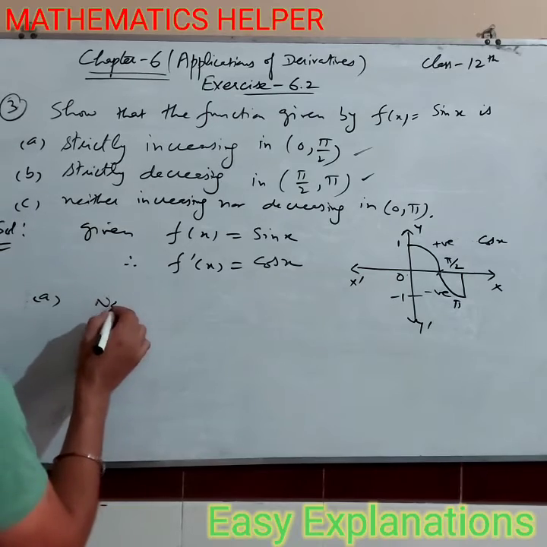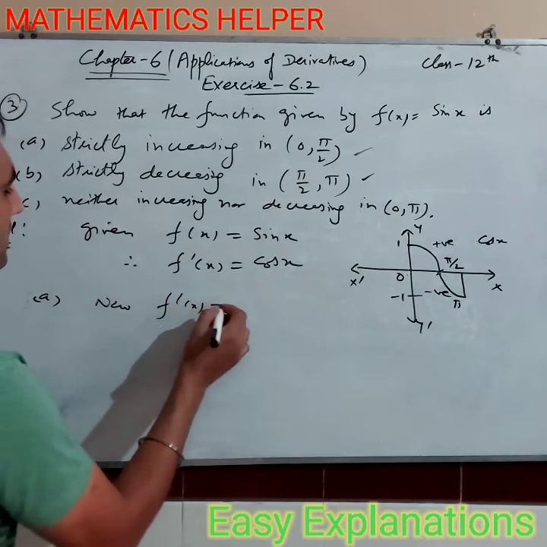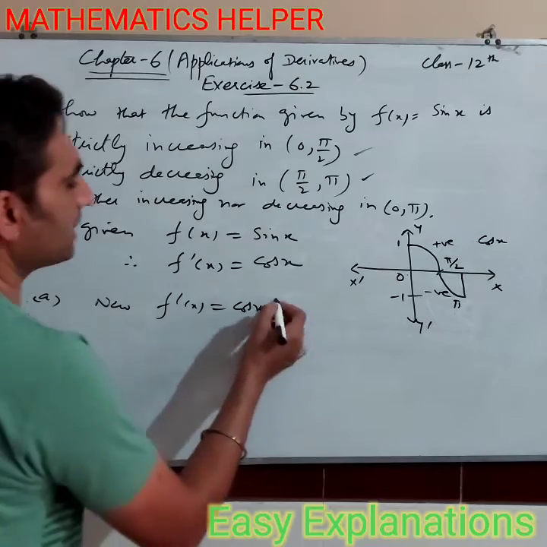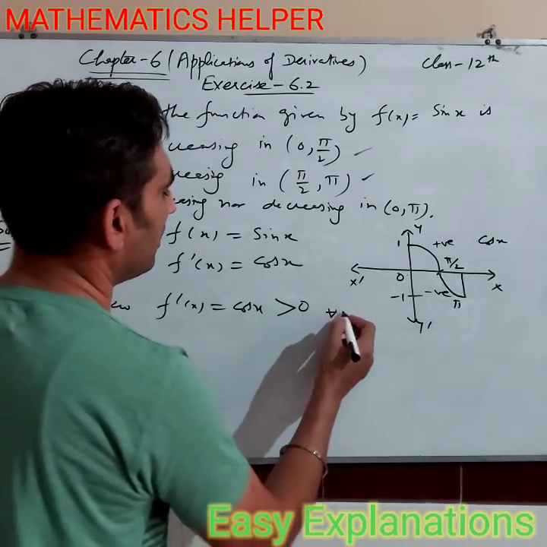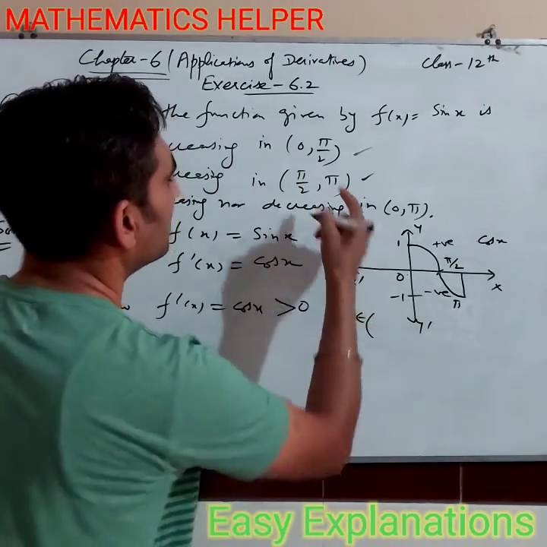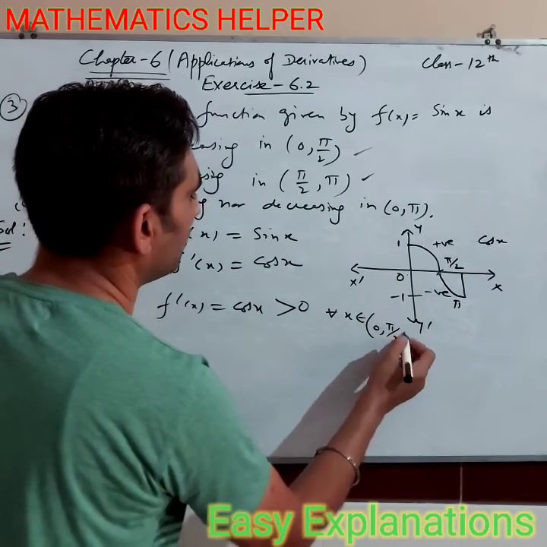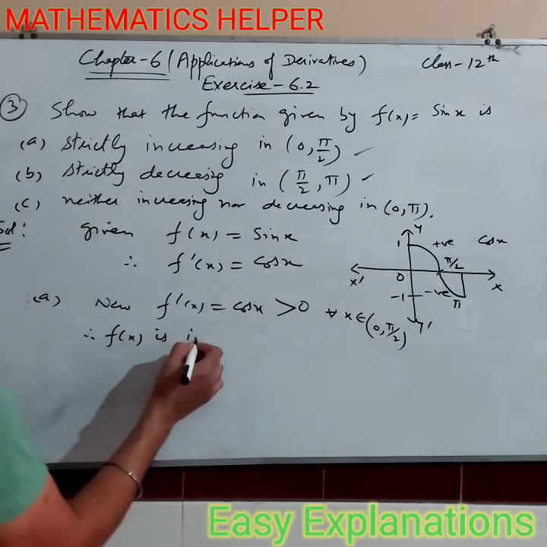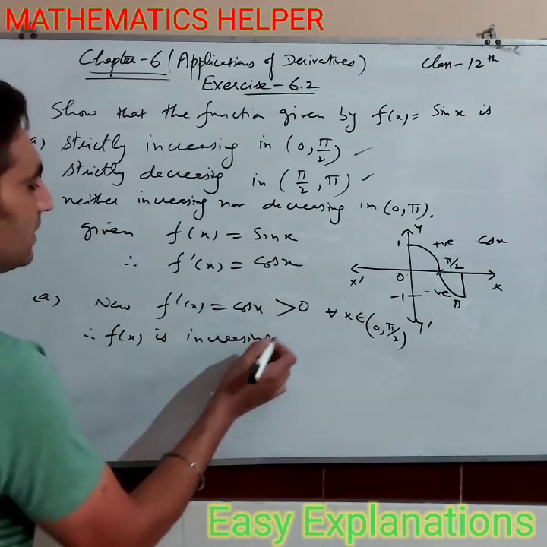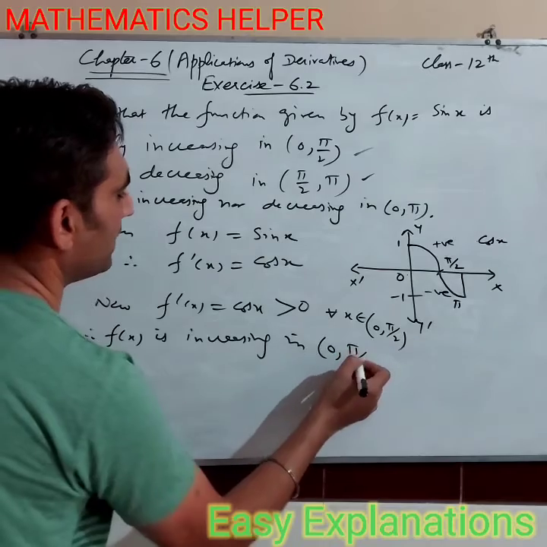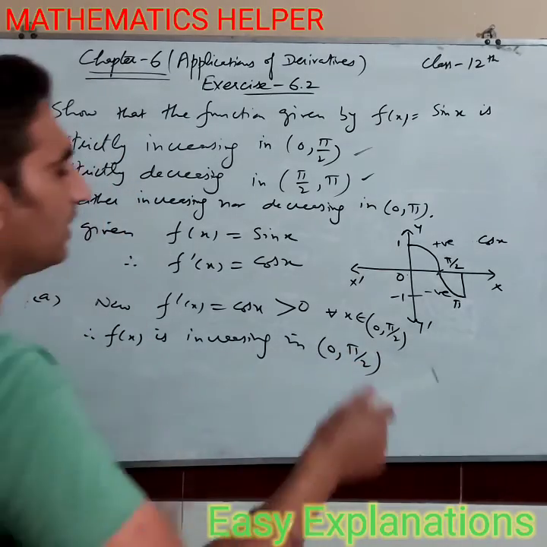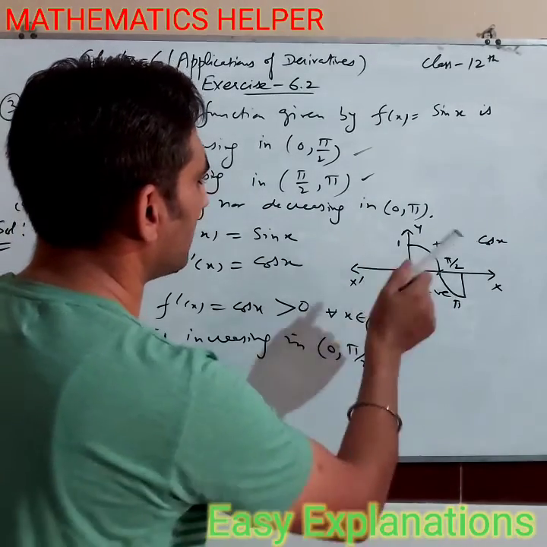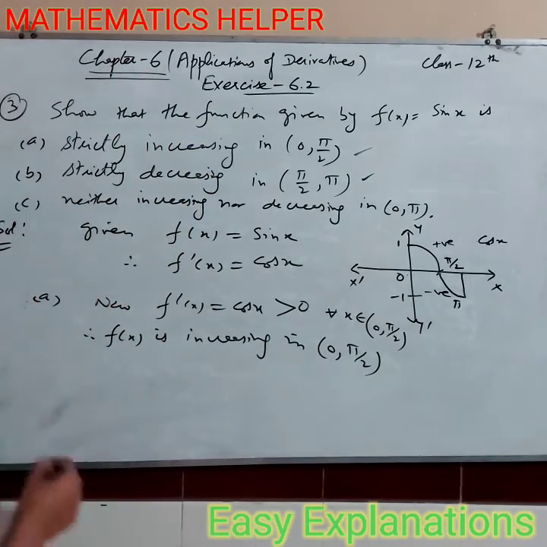So we will write here now f dash x, which is cos x, always greater than 0 for all x belonging to the open interval 0 to pi over 2. Therefore f(x) is increasing in the open interval 0 to pi over 2. Remember, 0 and pi over 2 are not included because this is an open interval.